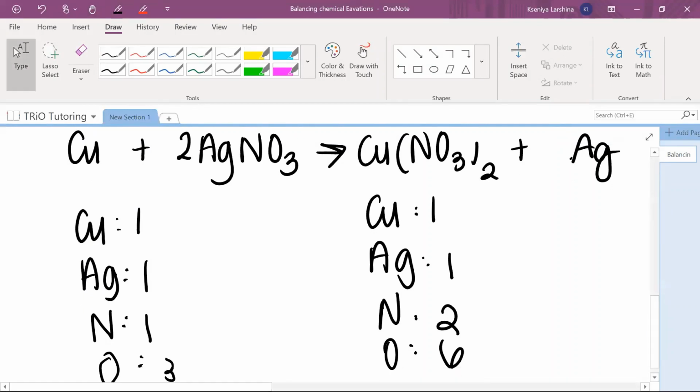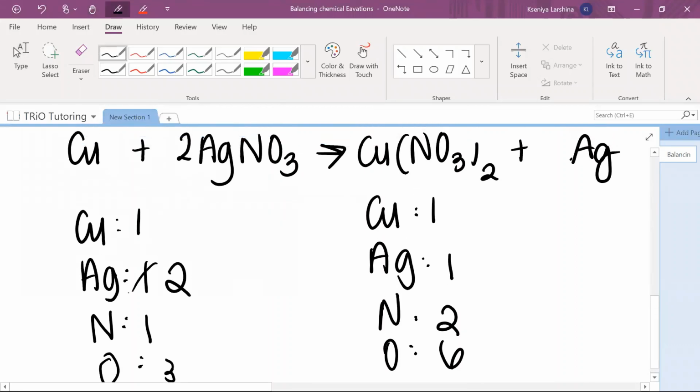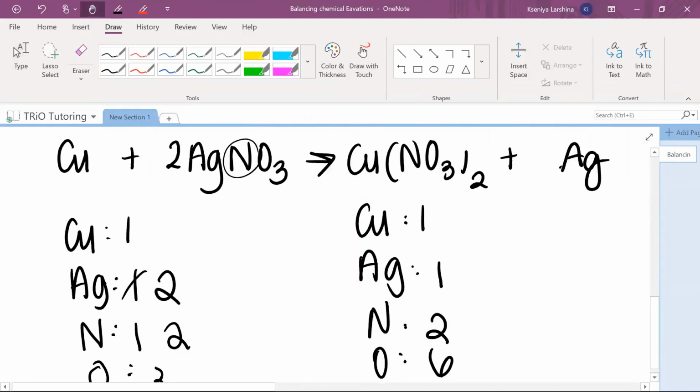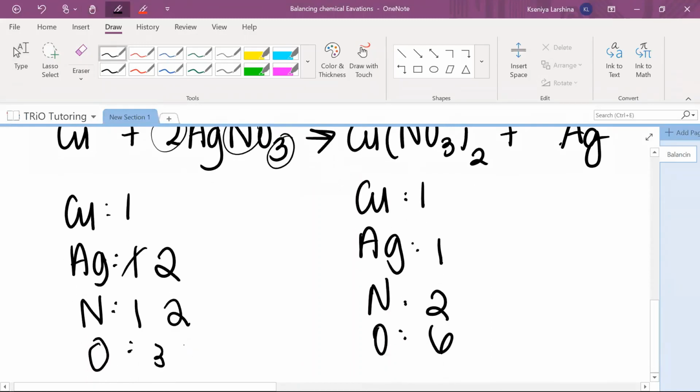This would then be still 1 copper on our reactant side, but then 2 silver on our reactant side, 2 nitrogen because the 2 multiplied by the 3 here, and then 2 times 3 because of this times this equals 6.